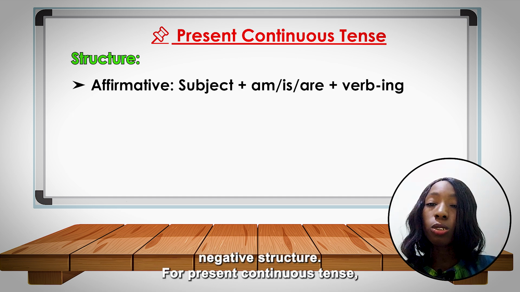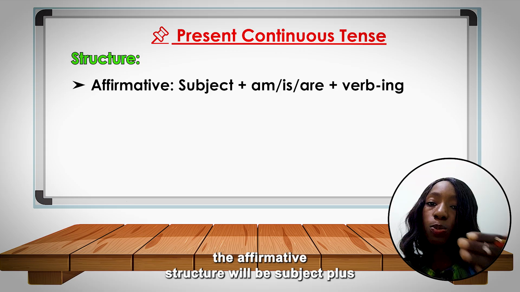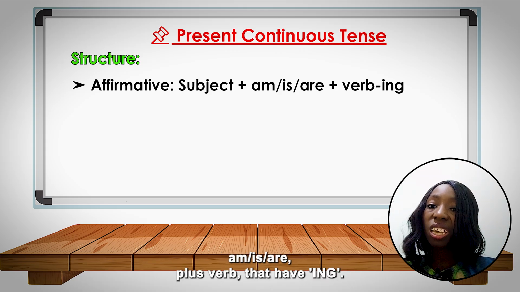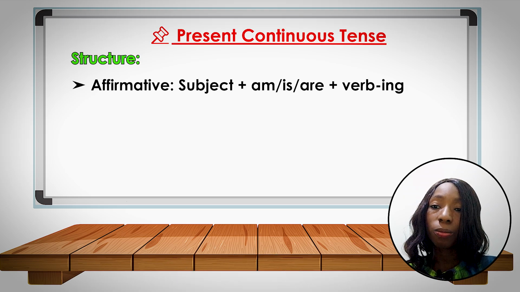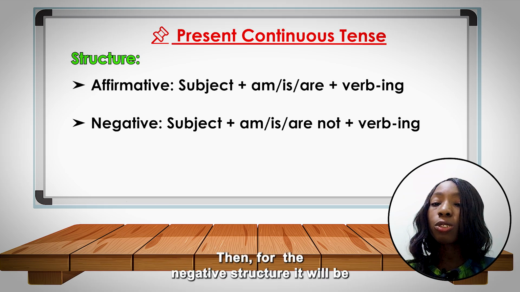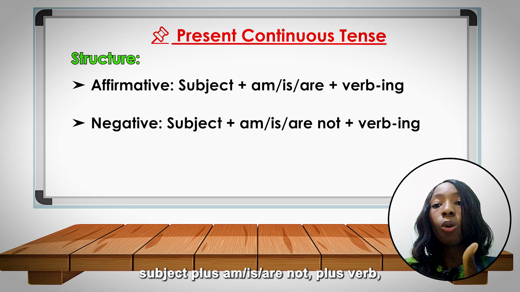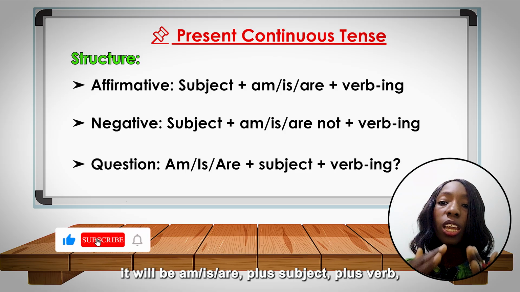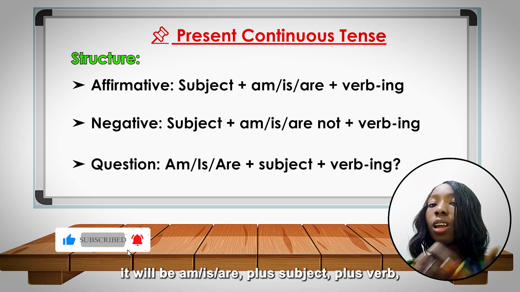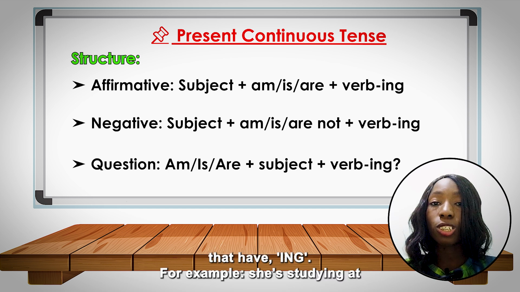For present continuous tense, the affirmative structure will be subject plus am, is, or are plus verb that has ing. Then for the negative structure, it will be subject plus am, is, or are not plus verb that has ing. For the questioning structure, it will be am, is, or are plus subject plus verb that has ing.